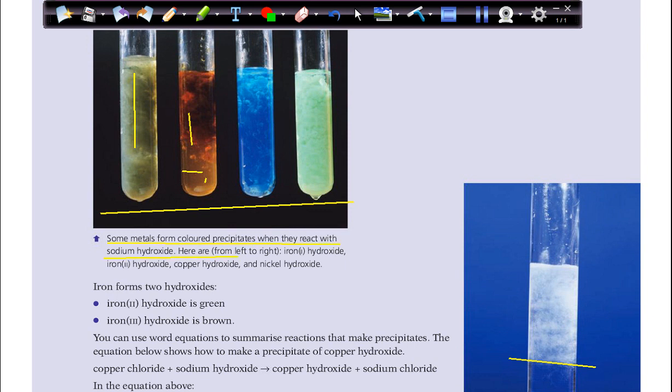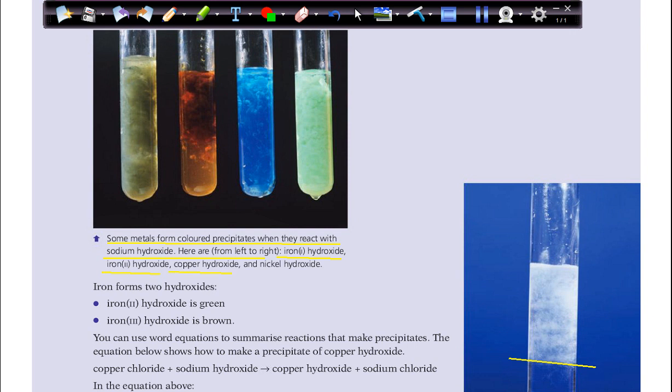Here, from left to right, we have iron hydroxide, which is iron 2 hydroxide or iron 3 hydroxide, and you need to refocus because iron 2 and iron 3 hydroxide are totally different compounds. They are not just iron hydroxide, because we have two forms of iron.